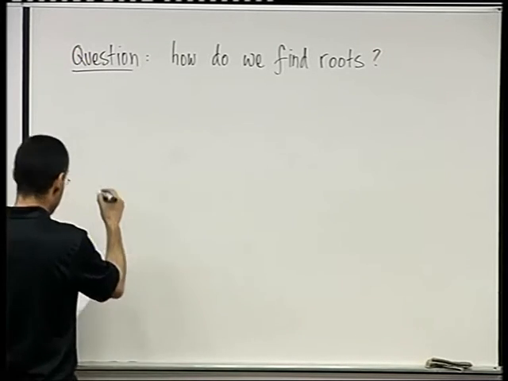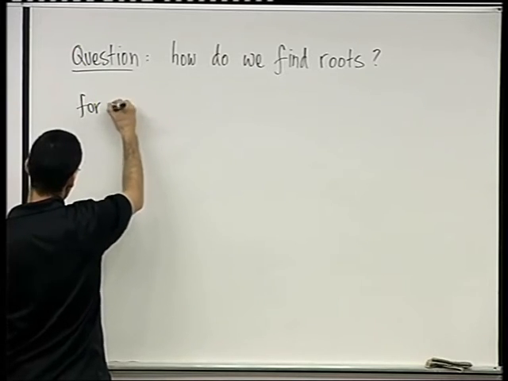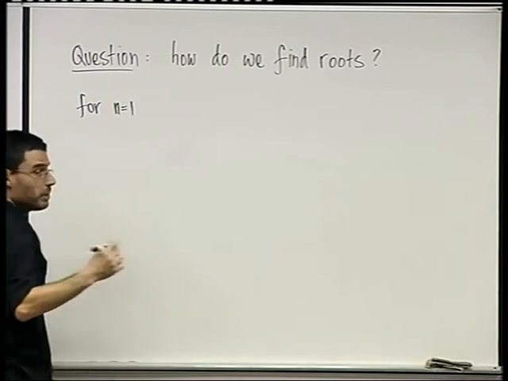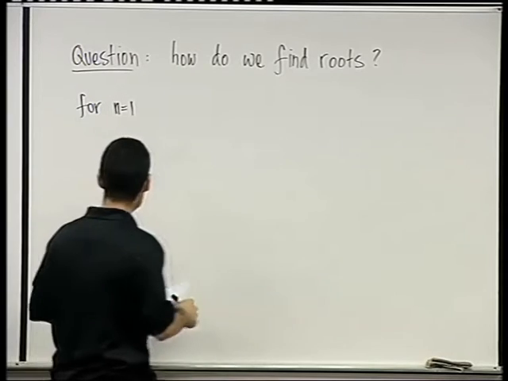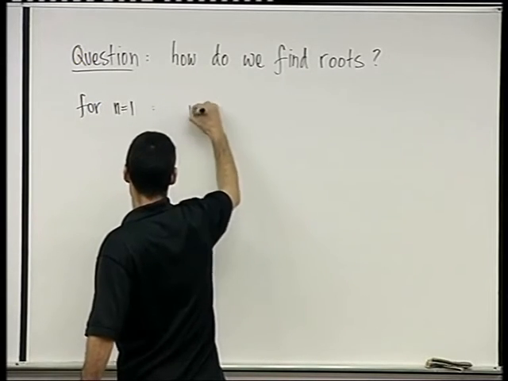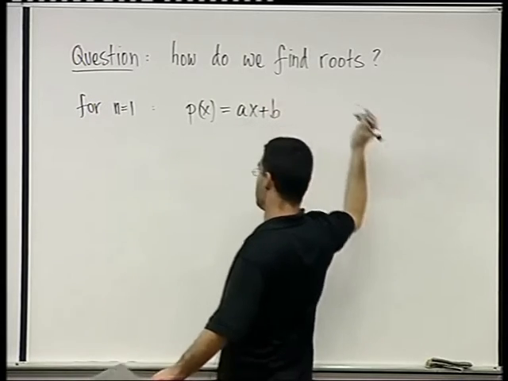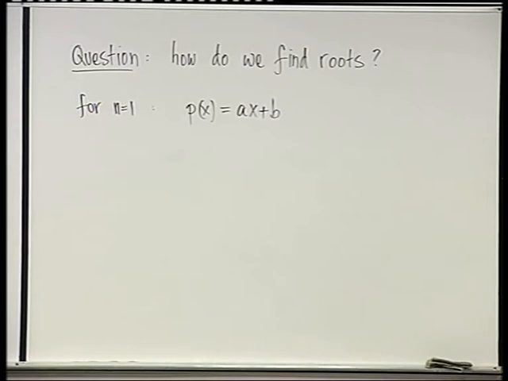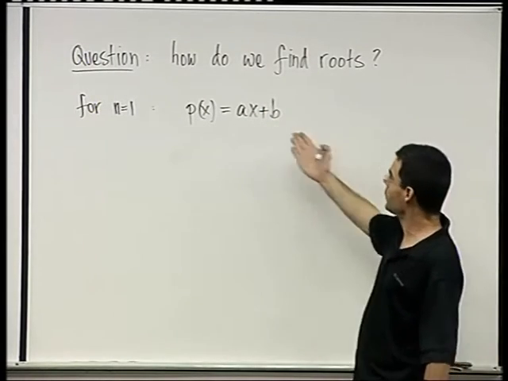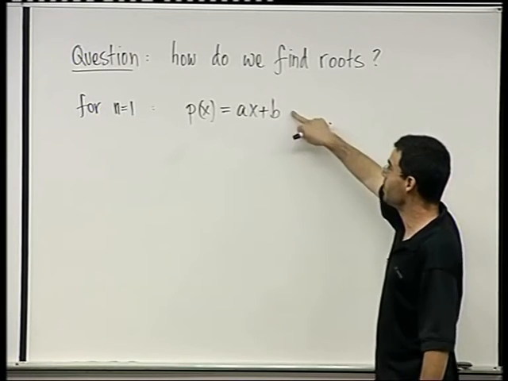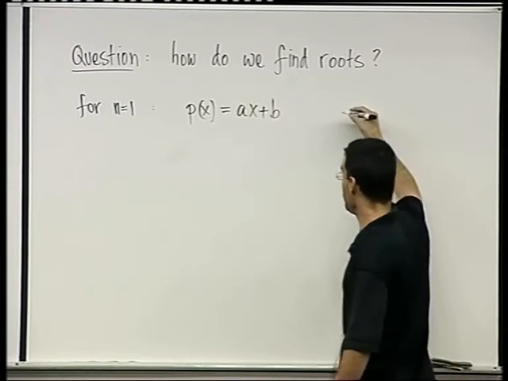So for n equals 1, a polynomial of degree 1, what is it? It's just something of the form ax plus b, right? And the root is kind of just looking at you. How would you make this equal to 0?